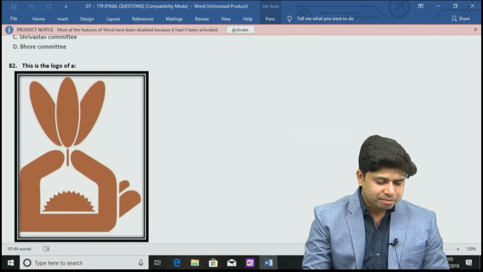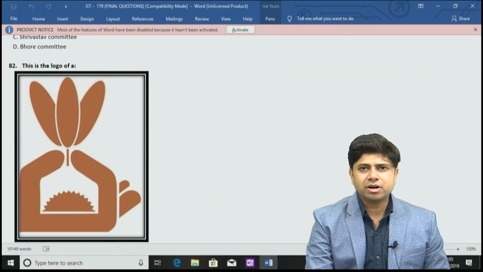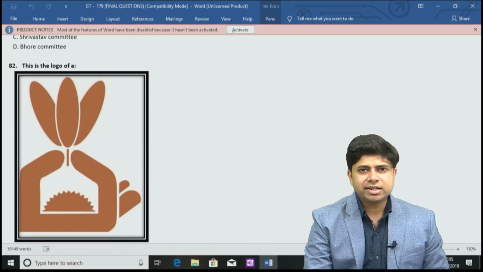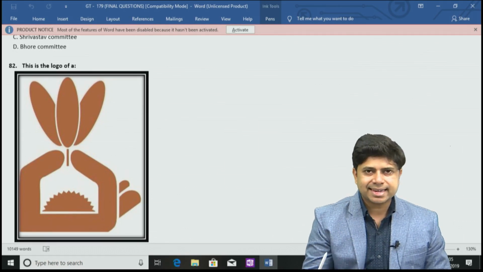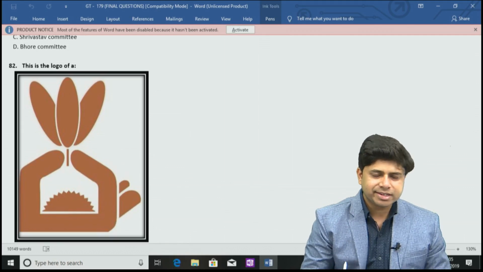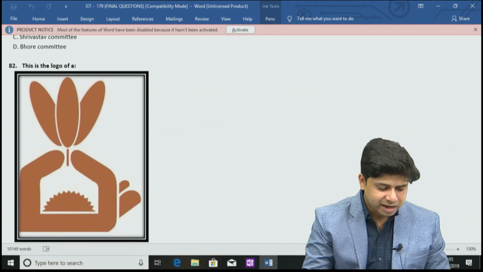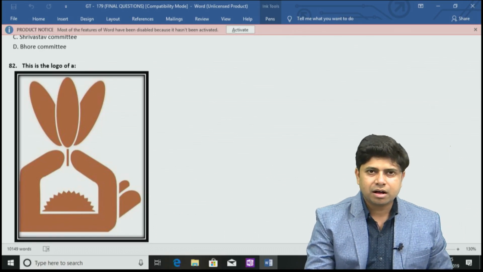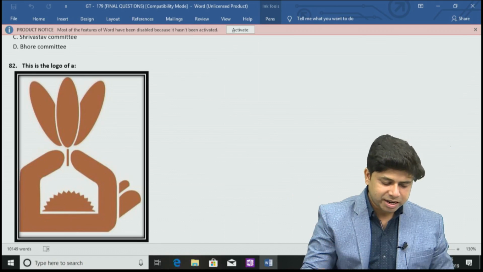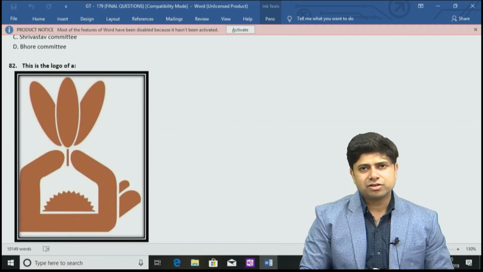So the NLEP emblem symbolizes beauty and purity. We can see there is a lotus. It symbolizes the beauty and purity. The leprosy can be cured, and a leprosy patient can be a useful member of the society. The partially affected thumb says that he can be a member of the society.